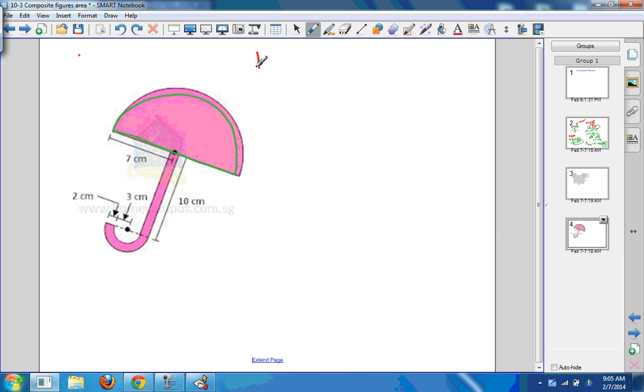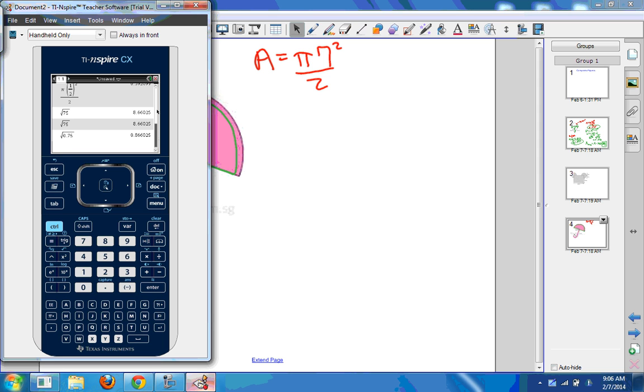So for half a circle, we have area is equal to pi r squared for the area of a circle. R here, it looks like it's 7 centimeters. Pi r squared, and we only want half of that, so we'll divide that by 2. So the area is equal to pi times 7 squared.